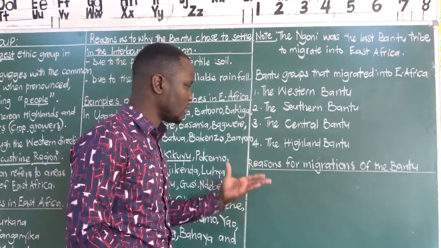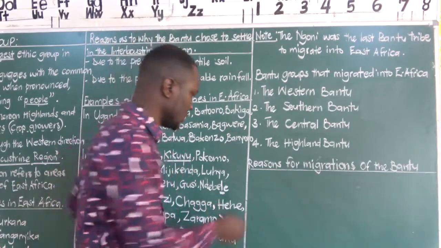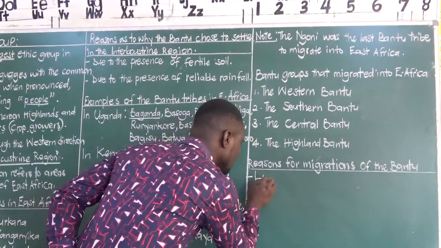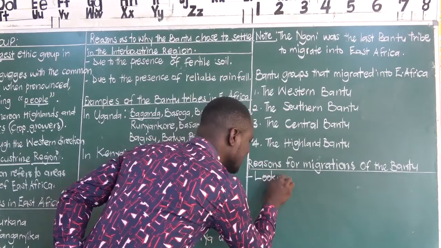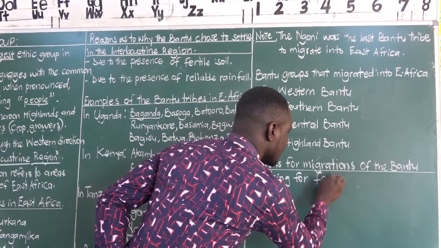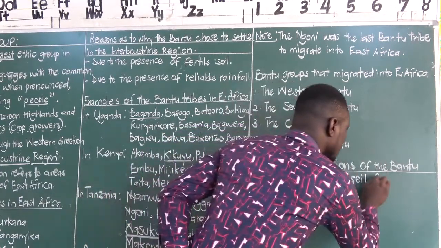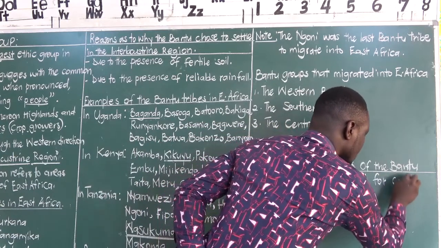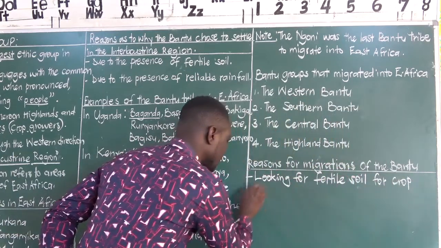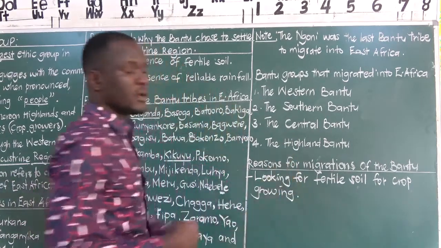Now, which was the main reason for migration? The first reason, which should be taken in your head, was looking for fertile soil for crop growing.